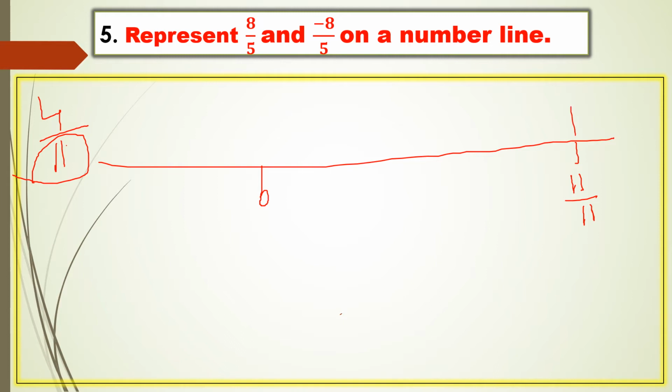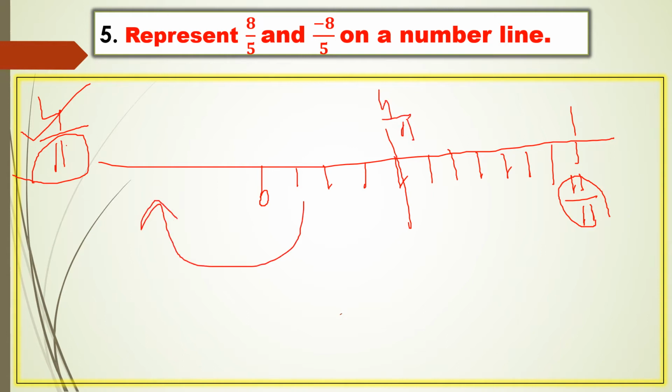So you should write 10 parts: 1, 2, 3, 4, 5, 6, 7, 8, 9, 10. The 11th one will be your 1. Here he asked to find 4 by 11. So the fourth one: 1, 2, 3, 4. So this is your 4 by 11. Same procedure for the negative side. Clear? Now let us go to our problem.